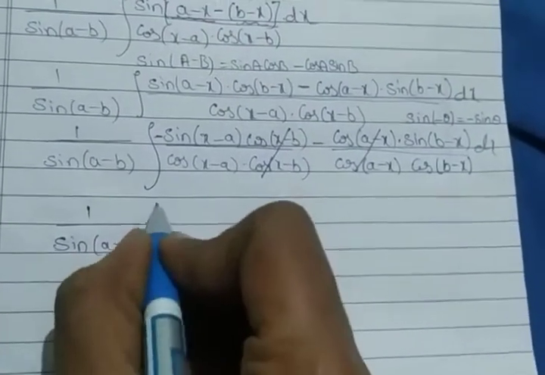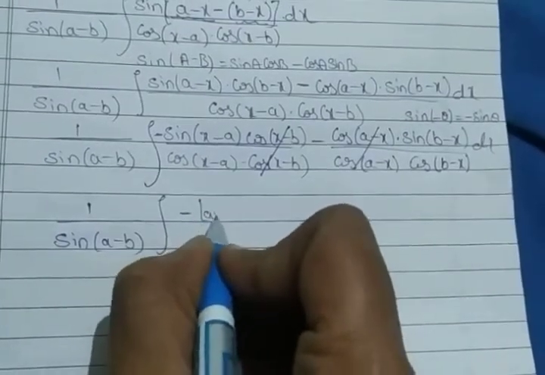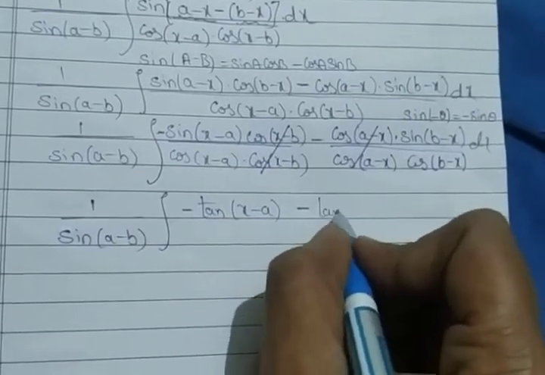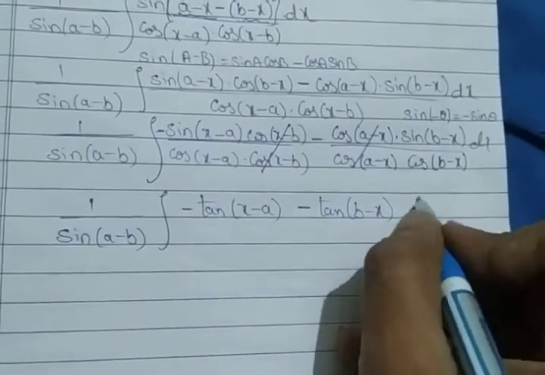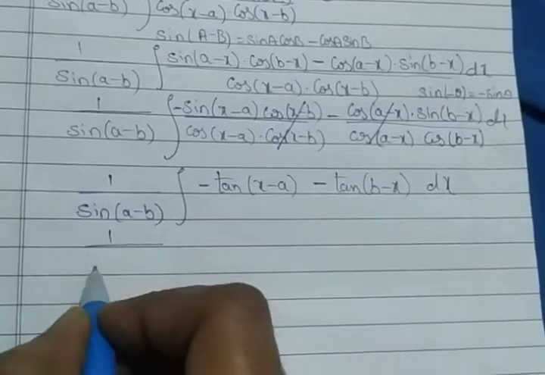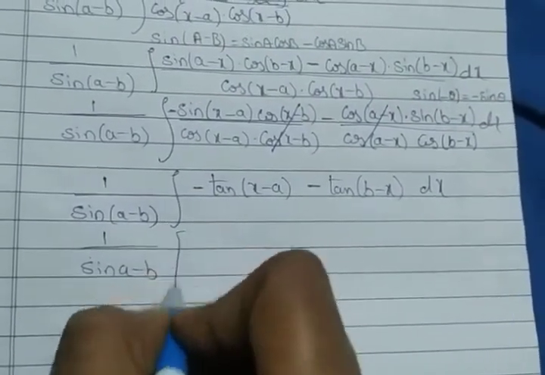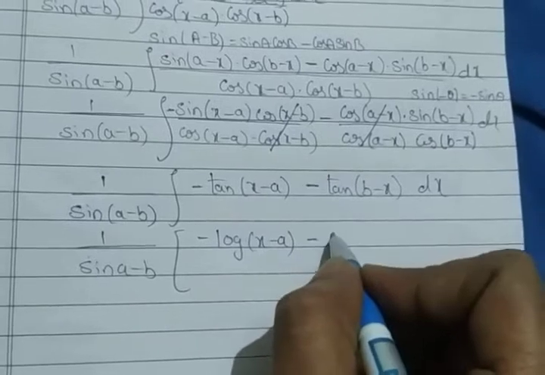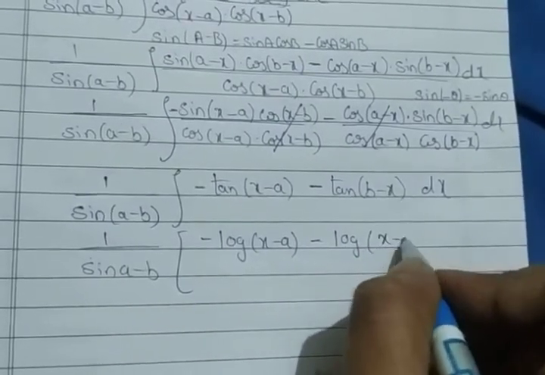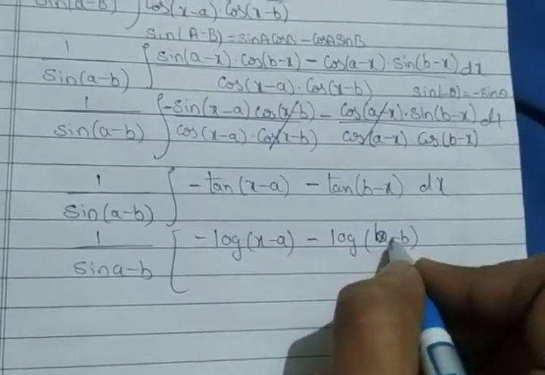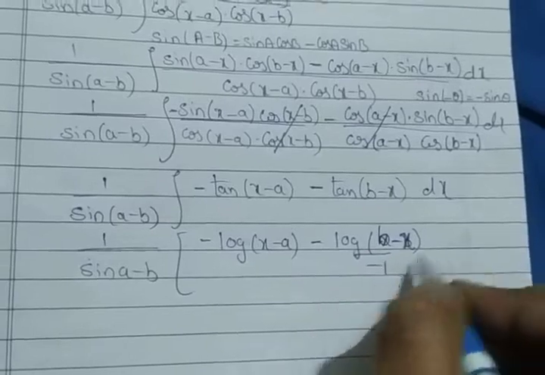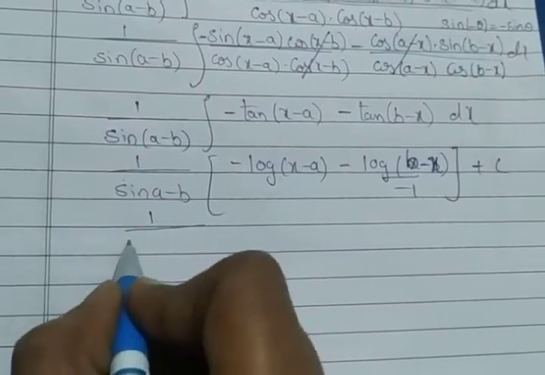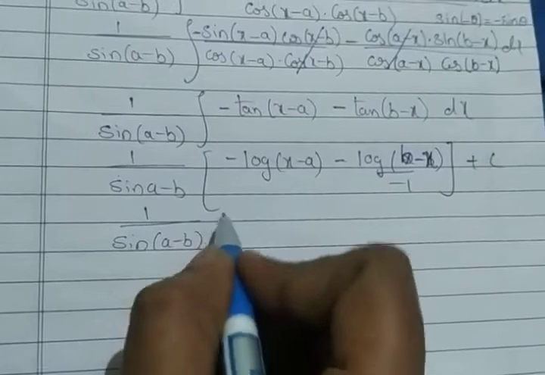1 by sin a minus b integral of minus tan x minus a minus tan b minus x dx. 1 by sin a minus b integral is minus log of cos x minus a minus log of cos b minus x divided by minus 1 plus c. 1 by sin a minus b.